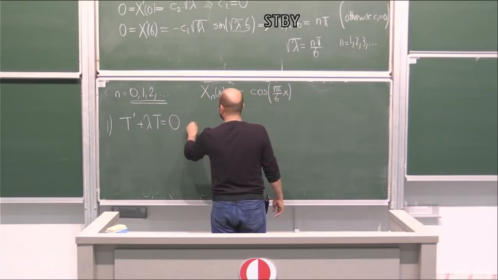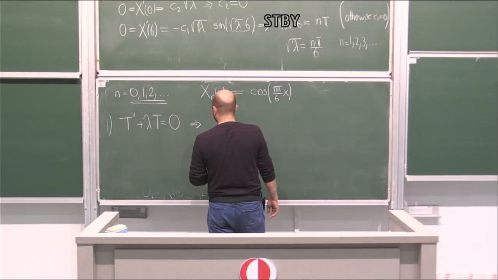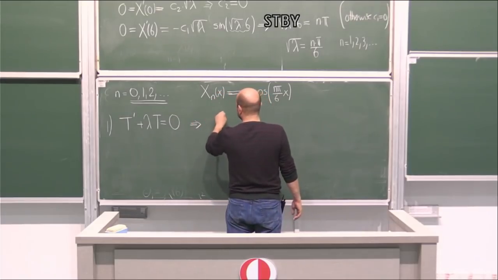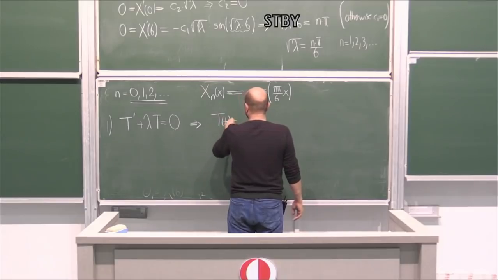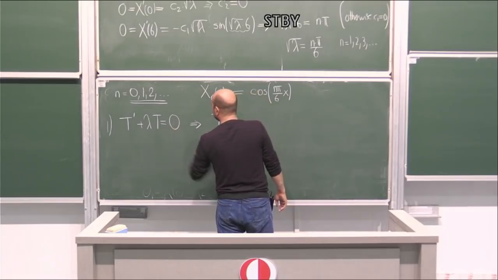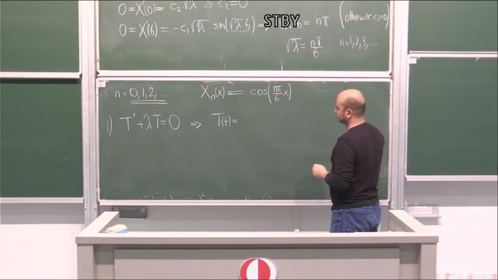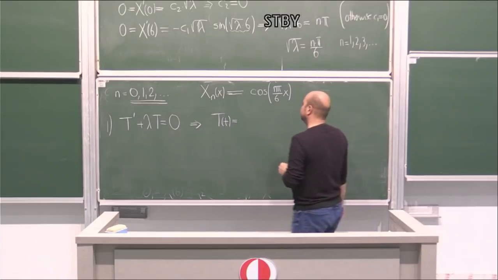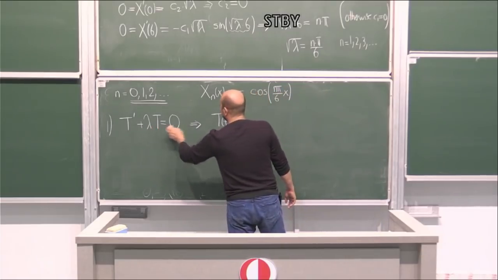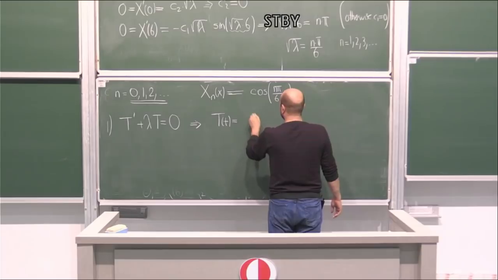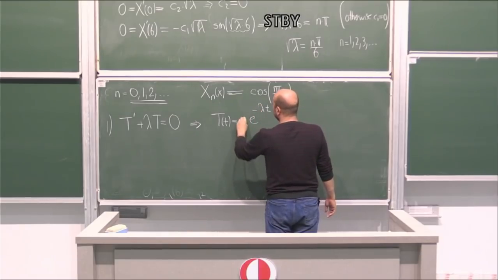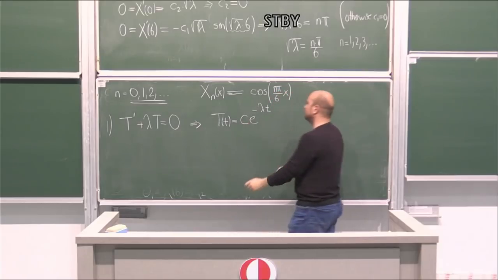So the solution will be T of t equal to e to the minus lambda t, and any multiple of this is a solution.